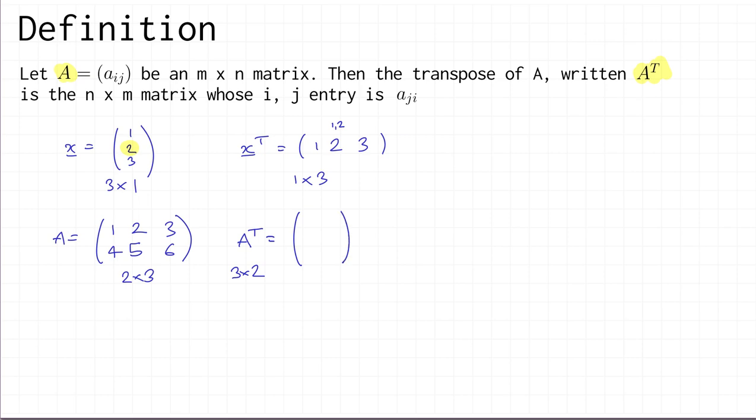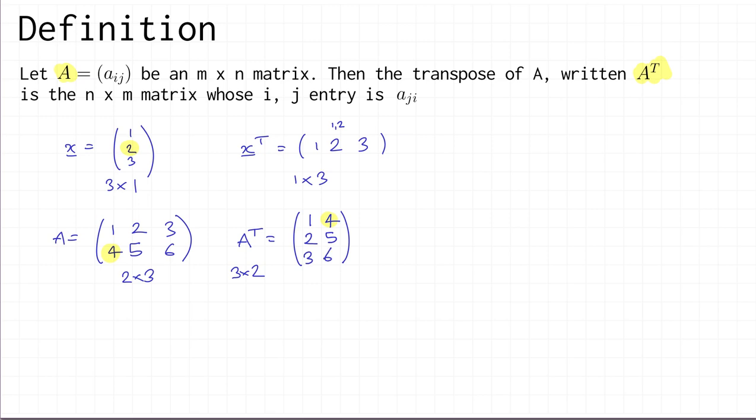And again, the 1,1 entry of A transpose would be the 1,1 entry of A. And the 1,2 entry of A transpose, so the thing that goes here, will be the 2,1 entry of A, which is the thing here. So we would have a 4 just here. And similarly, we would have a 2 here, and a 5 here, and a 3 here, and a 6 here.